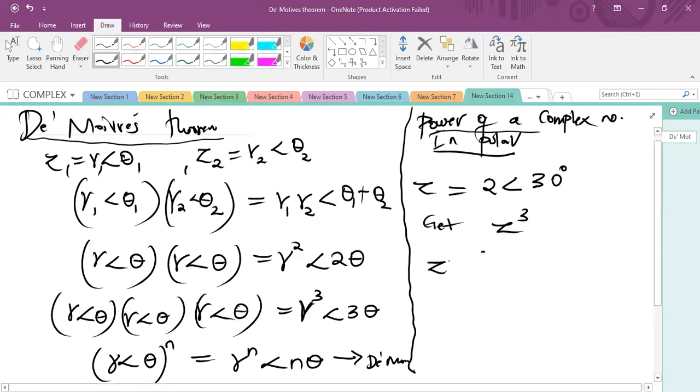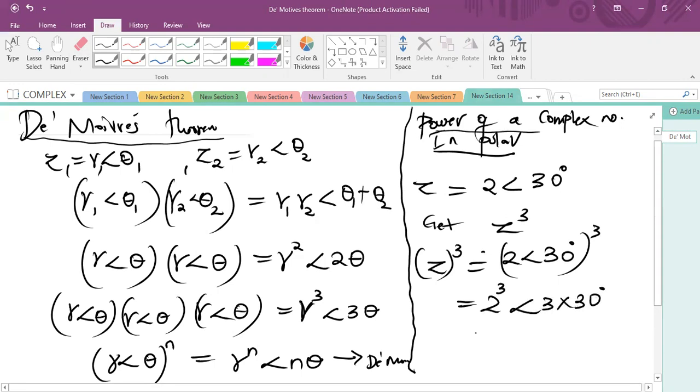So we have Z raised to power 3, which is equal to 2 at 30 degrees, raised to power 3. This implies you take 2, raise it to power 3, and then you take 3 and multiply by 30 degrees. So this gives 8 at 90 degrees. That's how you go about the power.